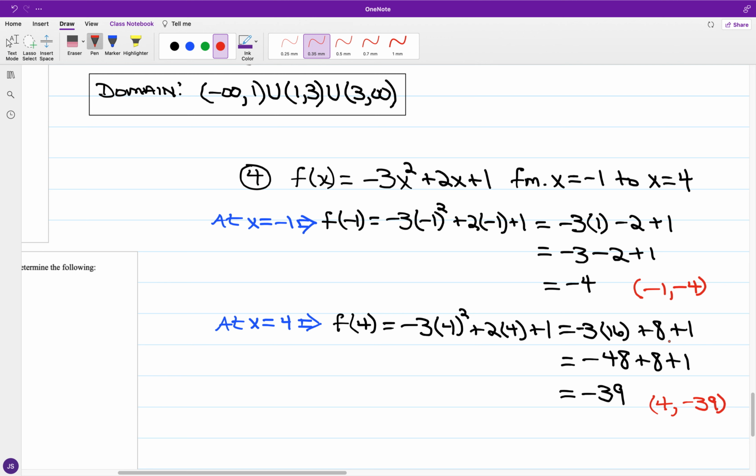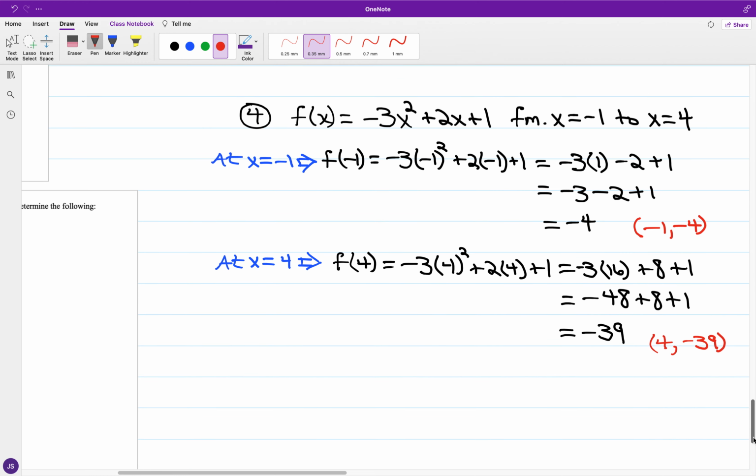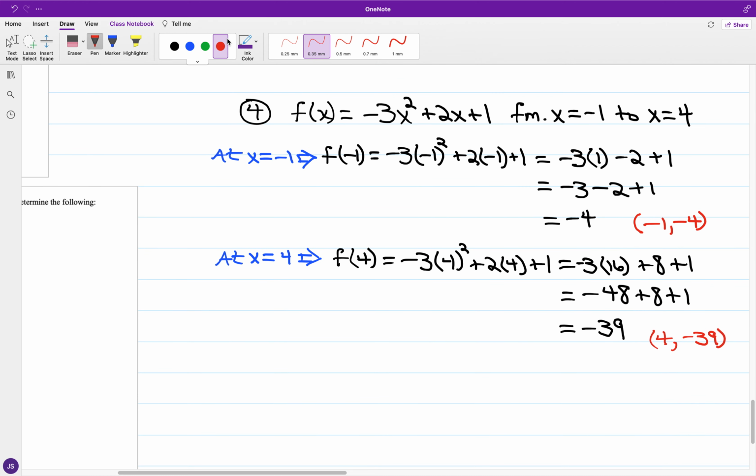For the average rate of change, we're going from negative 1, negative 4 to 4, negative 39.